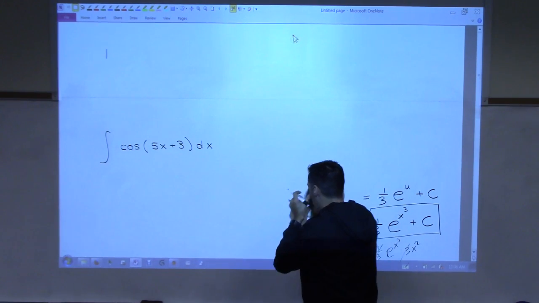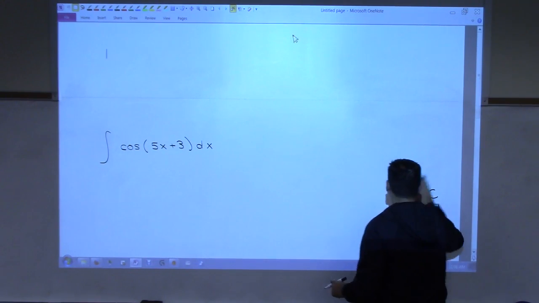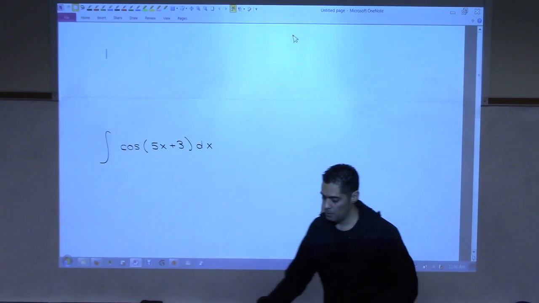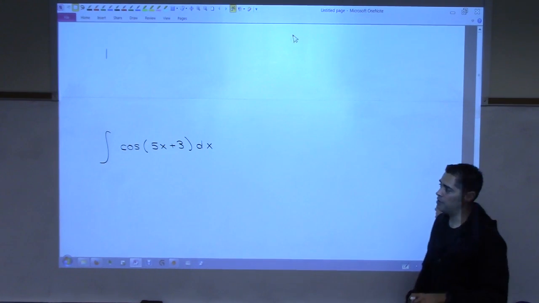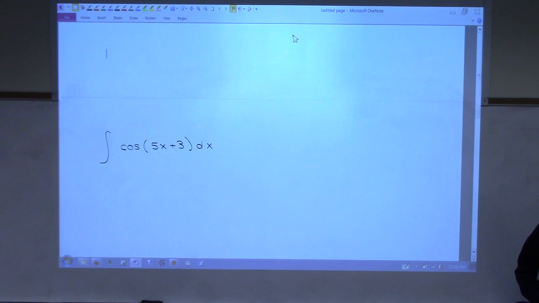Now, we all know that the antiderivative of cosine is what? The antiderivative of cosine is sine. Be careful with that, right? Because the derivative of sine is cosine. That's a very common mistake for Cal 2 students in the beginning, to think the antiderivative of cosine is negative sine. It's not, it's just sine.